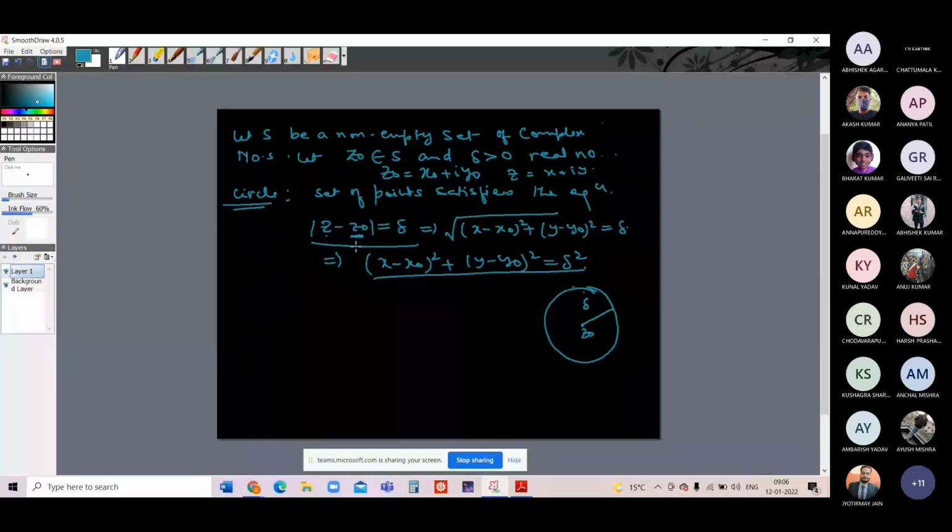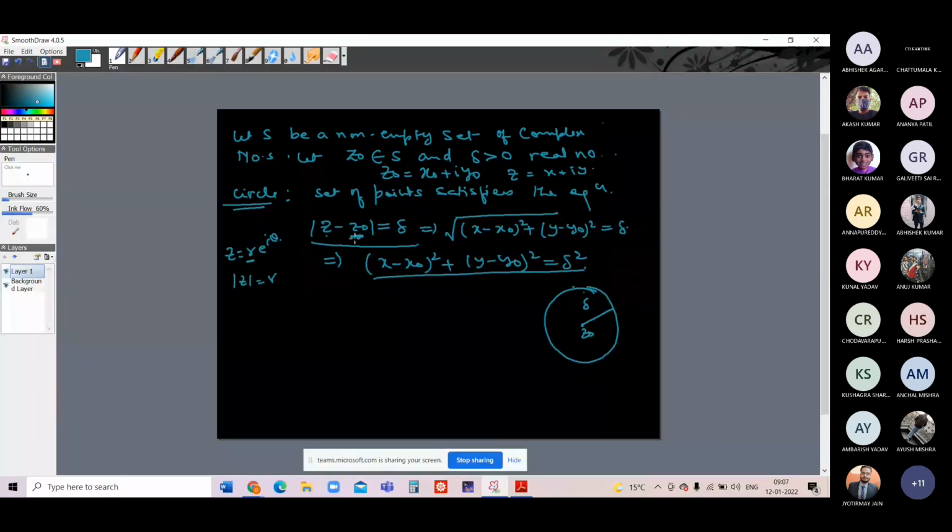Now if we want to write this in polar form, you know that in polar form we write re to the i theta, where r is the radius vector of this point z and theta is the inclination of this radius vector in the positive direction with the x-axis. Here z minus z naught is equal to delta, so r, which is the modulus, means the radius is delta.